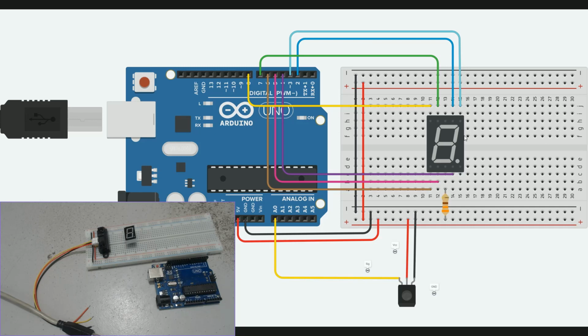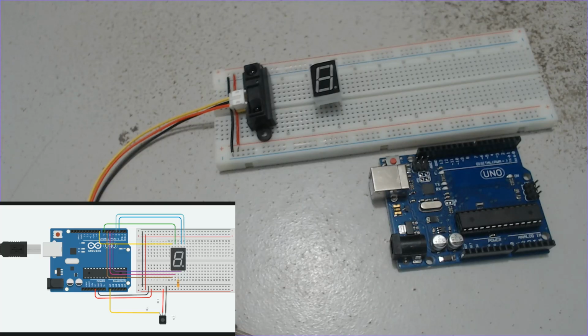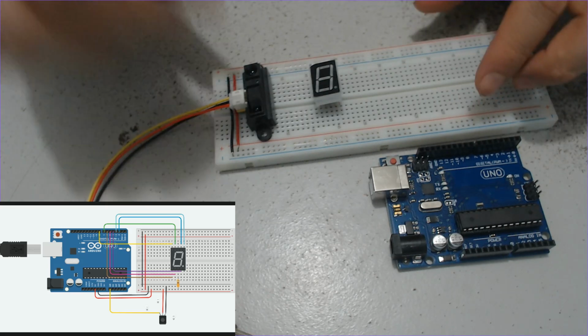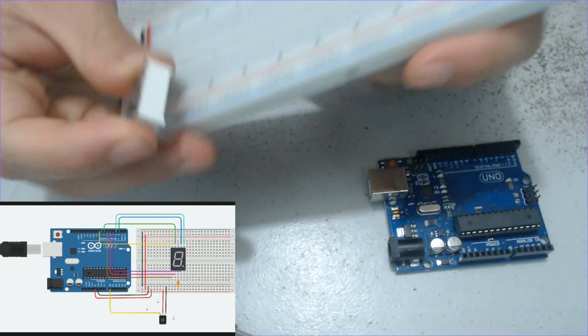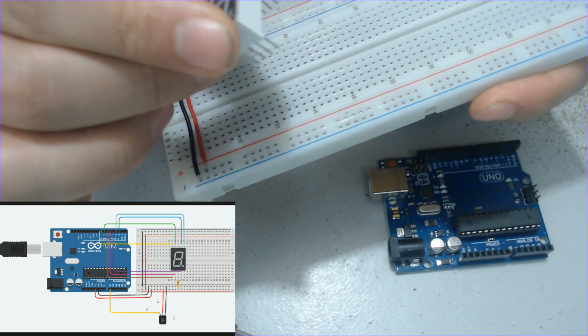But well, this is the circuit for my 7-segment display challenge, and then I'm going to start building this circuit. First of all, I'm going to put my 7-segment display in the breadboard.